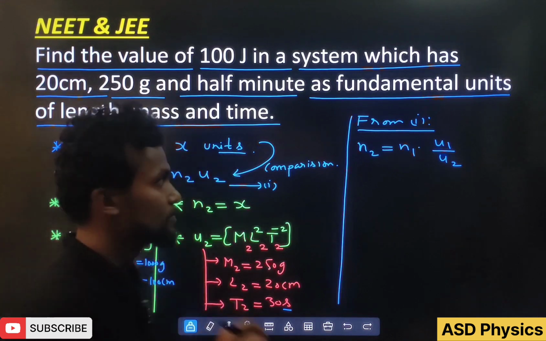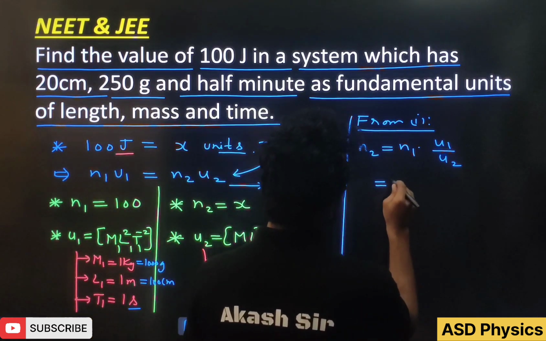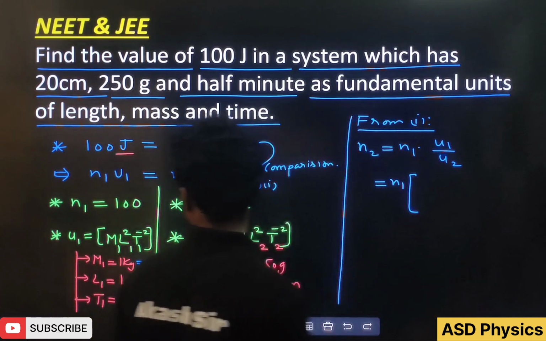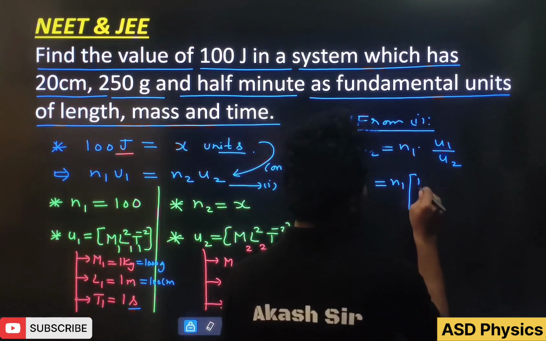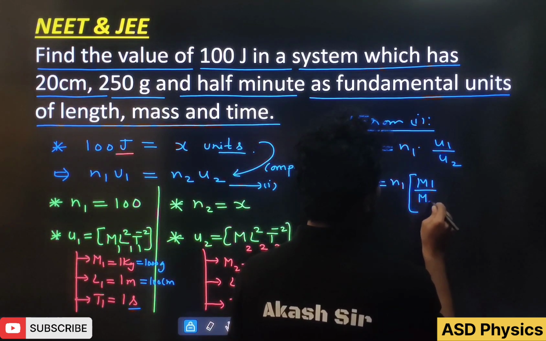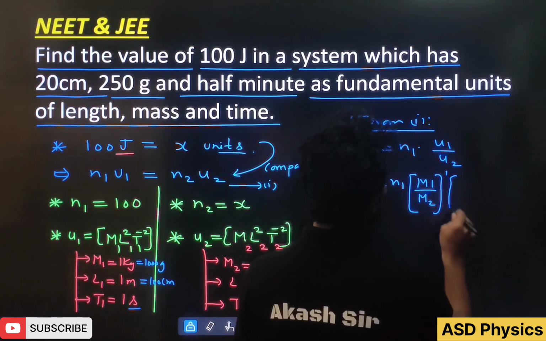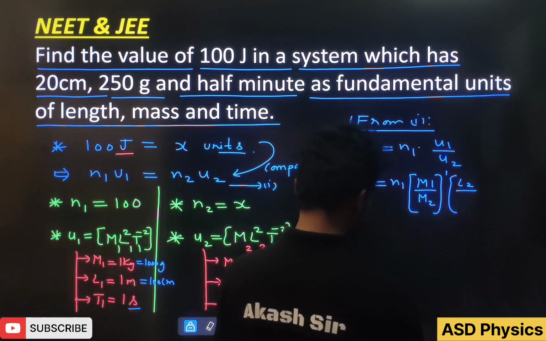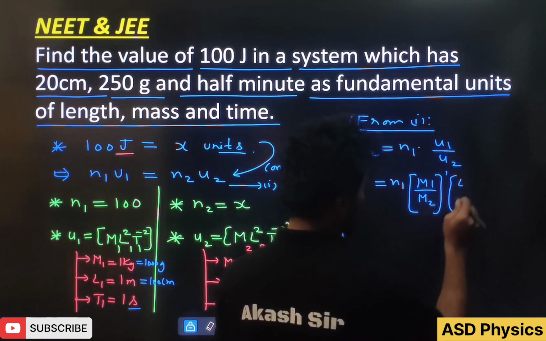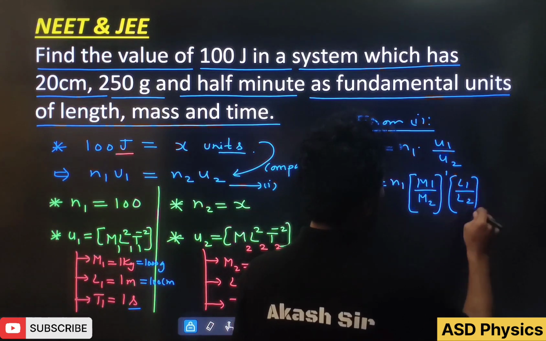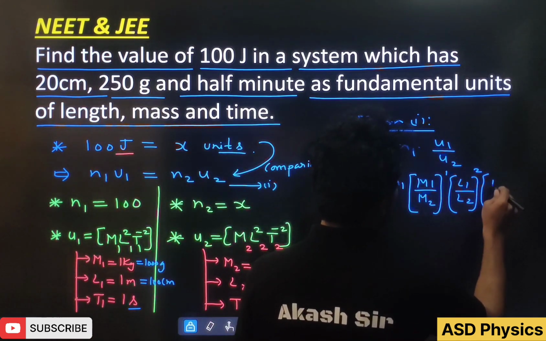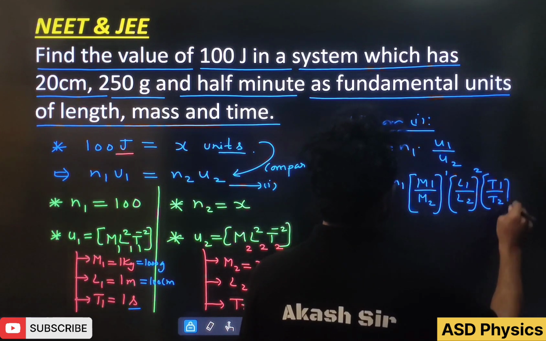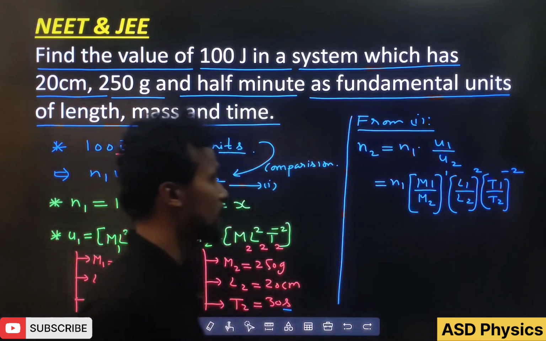Now this is N1, and U1 and U2 are the dimensional formulas. So we write M1 by M2 power 1. Similarly, L1 by L2 power 2, because energy is involved. Similarly, T1 by T2 power minus 2. Is it clear up to this?